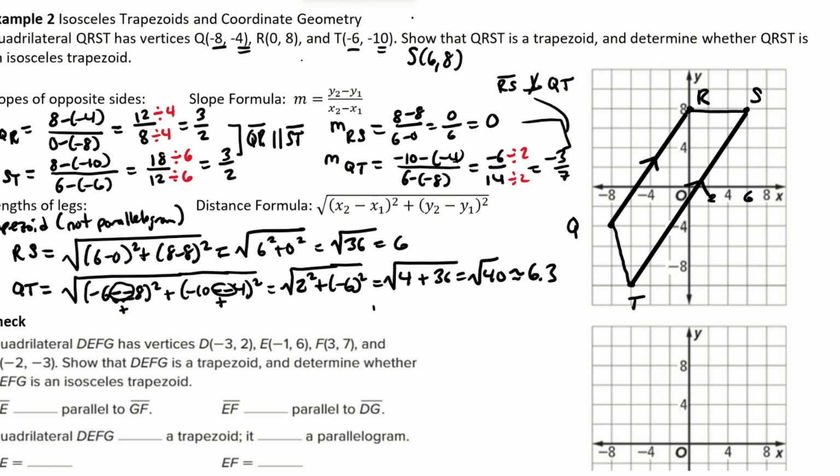So this is not congruent to this. Therefore, it's not isosceles. So we're going to say it's not an isosceles trapezoid, but it is a trapezoid. So the conclusion is that it is a trapezoid.